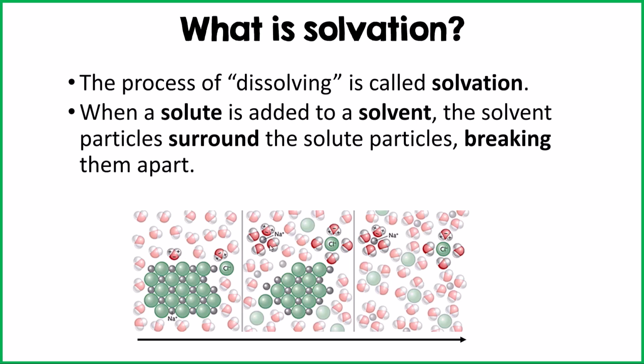And so they surround the sodium ion, while the positive side of the hydrogen of the water molecules is attracted to the negatively charged chlorine ion. And so those surround the chlorine ions, and that is how the solute ends up being broken apart, because those solvent particles are surrounding them and pulling those charged particles away from each other.